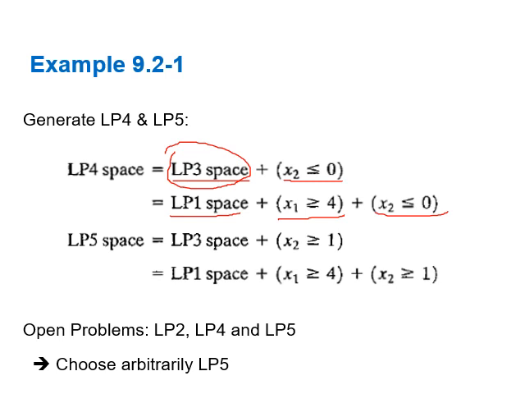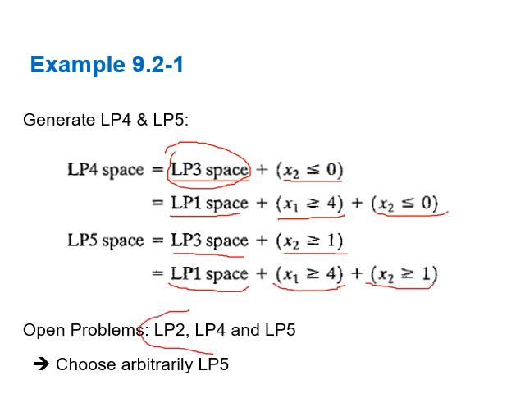If you are going through a branch, all the constraints that were added until that time should be there. In LP5, again, on top of LP3, we include x2 greater than or equal to 1. But again, LP3 included LP1 plus x1 greater than or equal to 4.